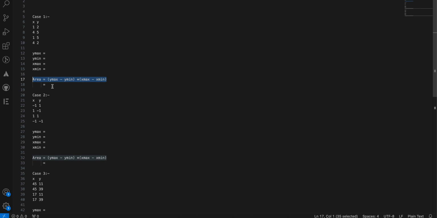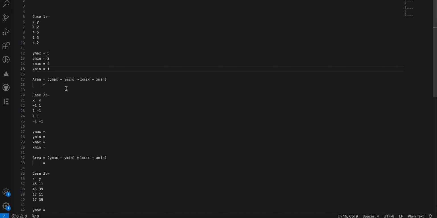Out of these 4 coordinates, what is the maximum value that y takes? It is 5. Similarly, what is the minimum value that y takes? It is 2. Similarly, what is the maximum value x takes, which is 4, and what is the minimum value x takes, which is 1.